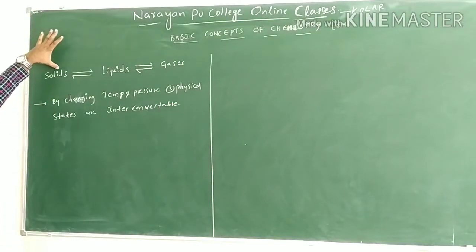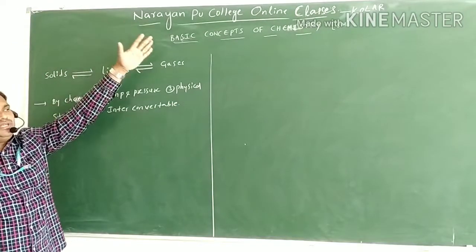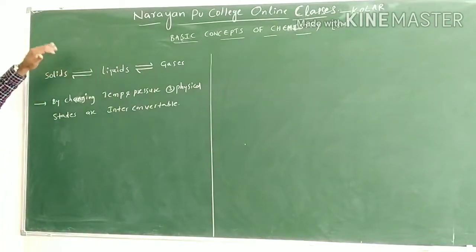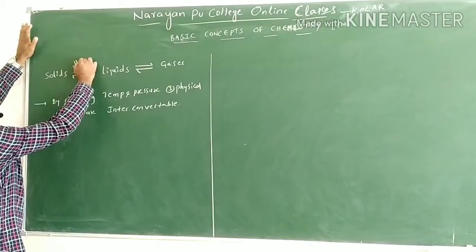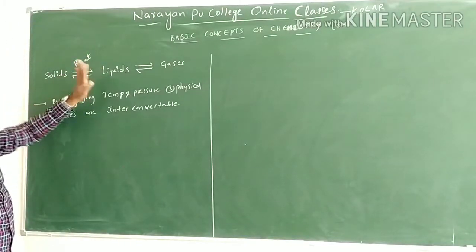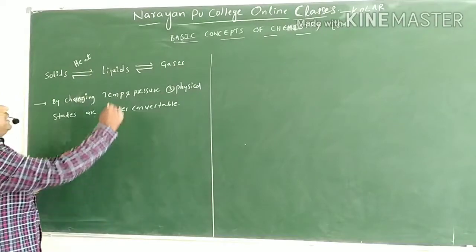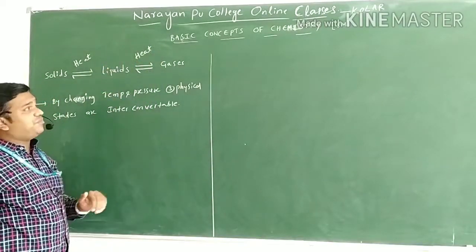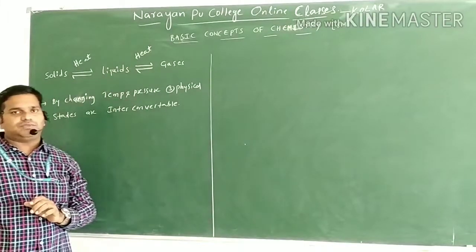Let us see the solids. Solids convert into liquids and liquids convert into what? Gases. When you heat solids, they are converted into liquids. Again, if you heat these liquids, the liquid is converted into gas. Clear?